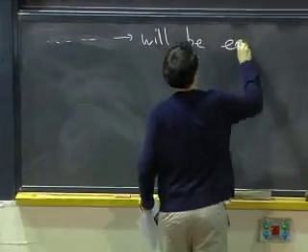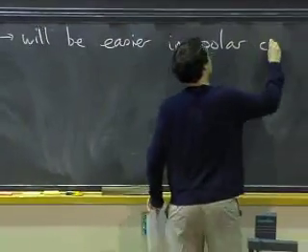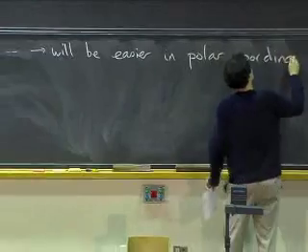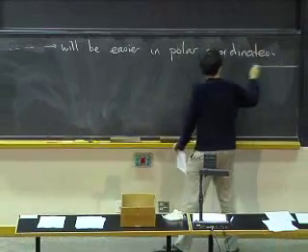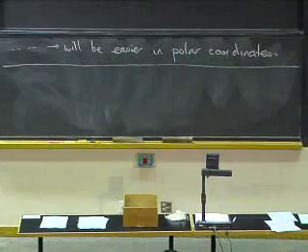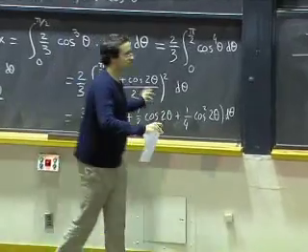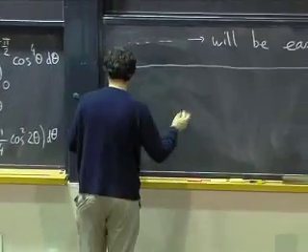So that will be easier in polar coordinates. So we'll see that tomorrow. Okay, but you know, we are almost there. I mean, here you just use the double angle again, and then you can get it, and it's pretty straightforward.